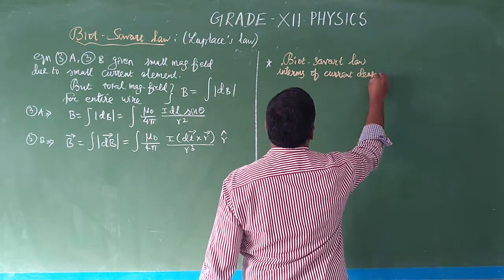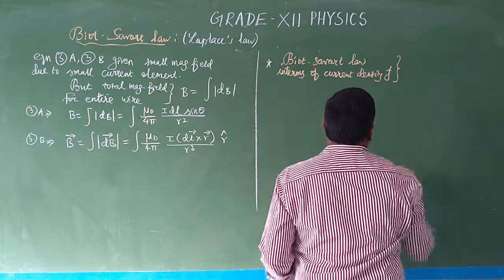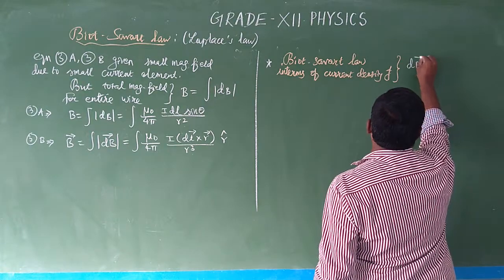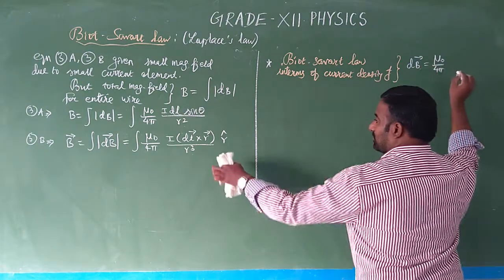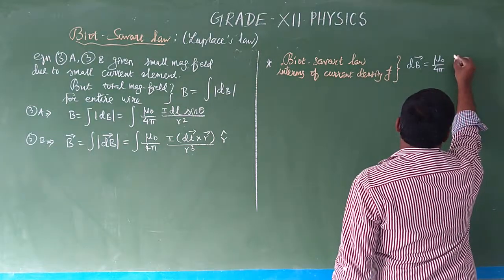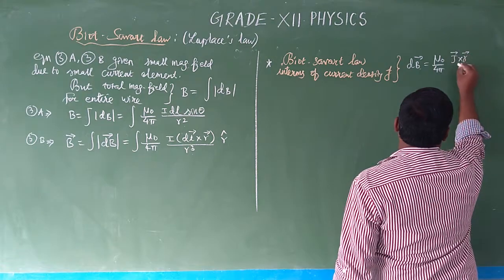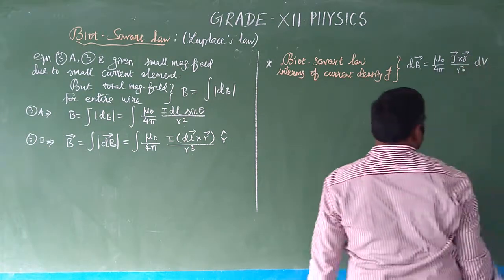What is the current density? It is J. Biot-Savart law in terms of current density is dB vector equal to mu naught by 4 pi, we already know the vector form, into J vector r cap divided by r cube into dV.